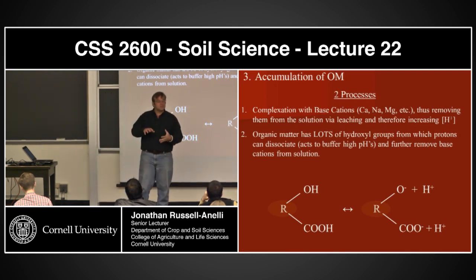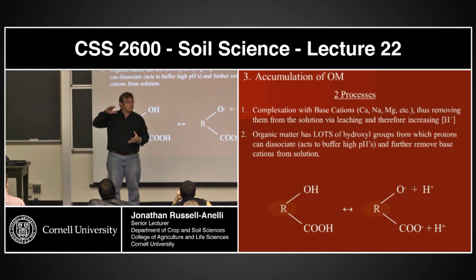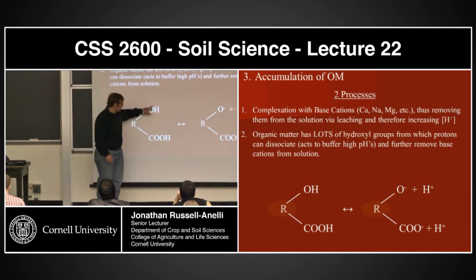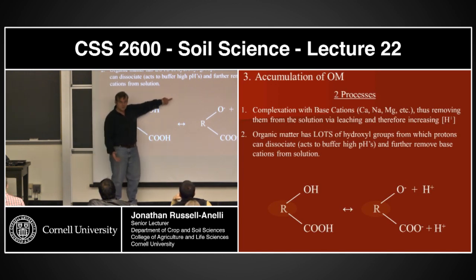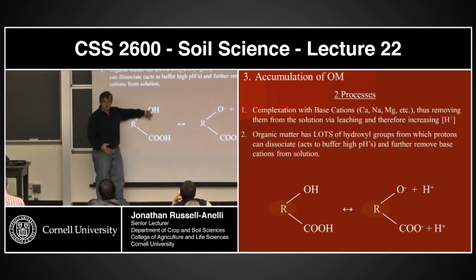If the pH starts to raise, what's going to happen to those charges here, right here? Imagine this is the line right here. As the pH starts to raise, I'm going to have more hydroxide in the soil solution, right? What's going to happen? They're going to pull this proton off and make water, and it's going to make this relatively much more negatively charged, right? Which means this molecule at first is going to start pulling in more base cations.